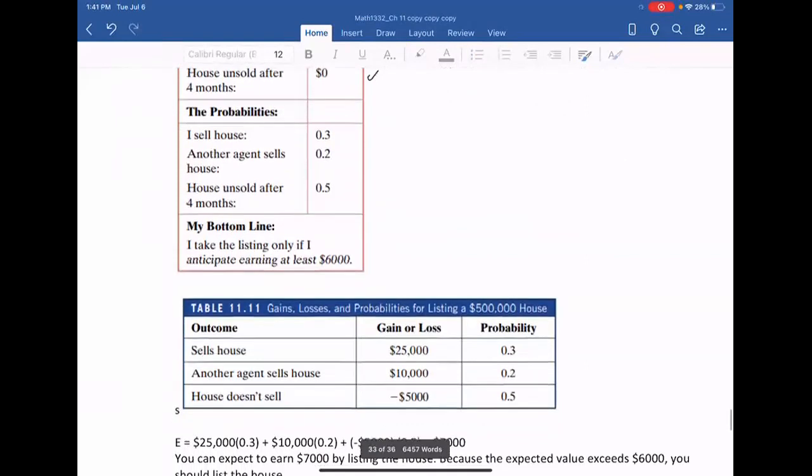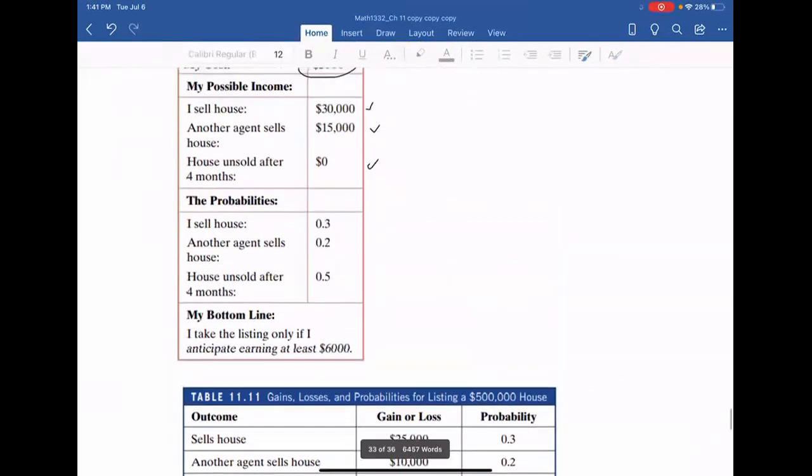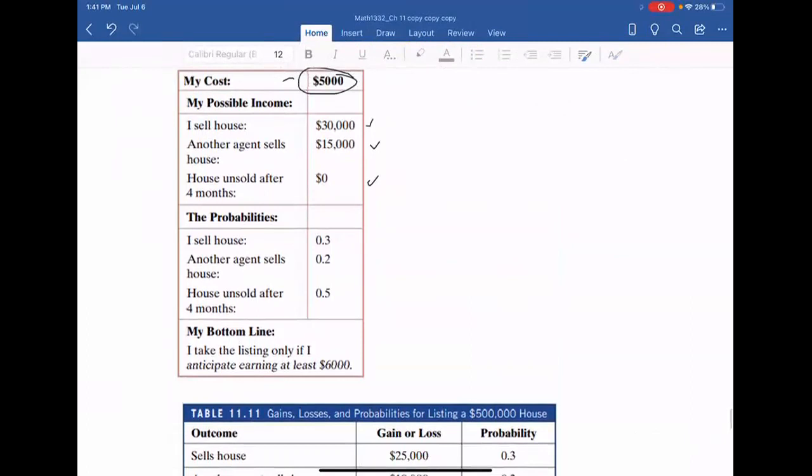Let's see the outcome and probability table. If I sell the house, I can get how much money? You know that here, if I sell the house, I can get $30,000, but I still need to pay $5,000 for listing the house.